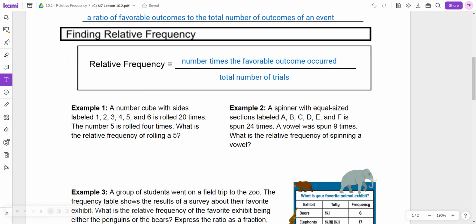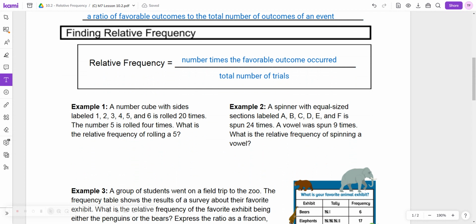Okay? All right, so for example, a number cube with sides labeled 1, 2, 3, 4, 5, and 6 is rolled 20 times. The number 5 is rolled 4 times. What is the relative frequency of rolling a 5? So first we start by creating our ratio, our fraction bar. We put the total number of times that we rolled the number cube in the denominator, and that was 20.